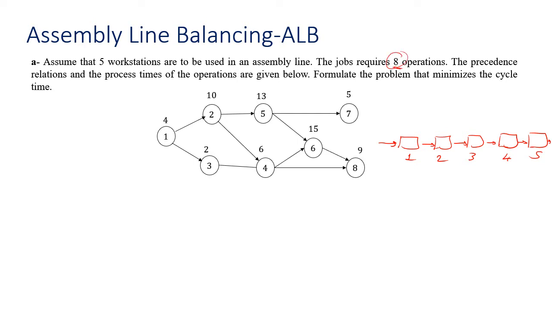This diagram shows the precedence relationships between these 8 operations. So this is operation 1, operation 2, 3, and up to 8. An arrow like this shows the precedence relationship. What does a precedence relationship mean? It means that assembly operation 1 must be performed before assembly operation 2.